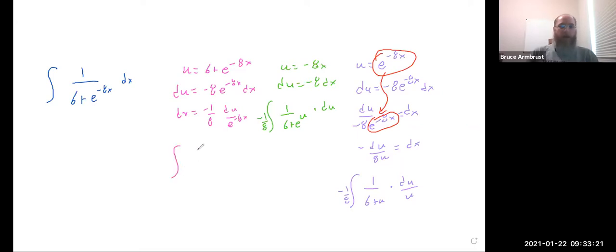And we're going to get the integral of 1 over u, and then for the dx, we're going to get minus 1/8 du over e to the minus 8x. But we're going to have to substitute that again. And if we solve for e to the minus 8x, we get u minus 6. So this is minus 1/8, the integral of 1 over u times du over u minus 6.